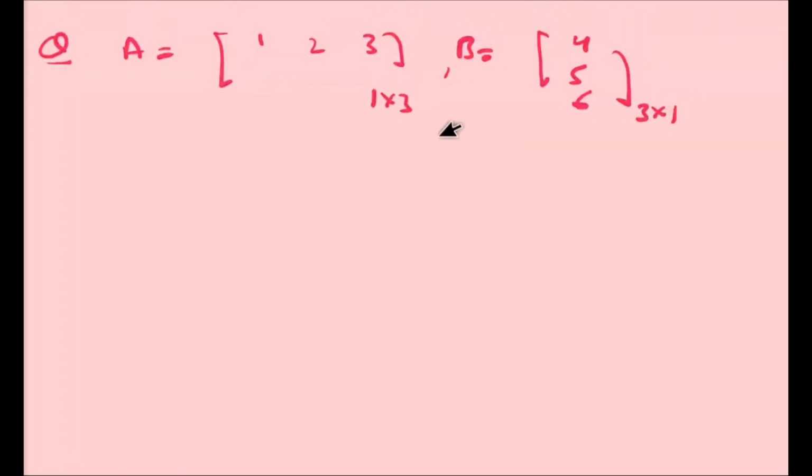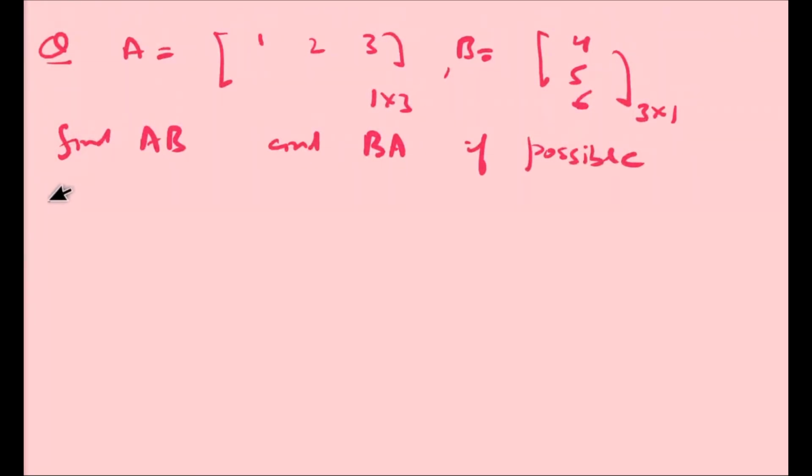Now we take digits here. Let A equal to 1, 2, 3 and B equal to 4, 5, 6. A is of order 1 into 3, B is of order 3 into 1. Find AB and BA if possible. Okay. So first question, A order is 1 into 3, B order is 3 into 1.